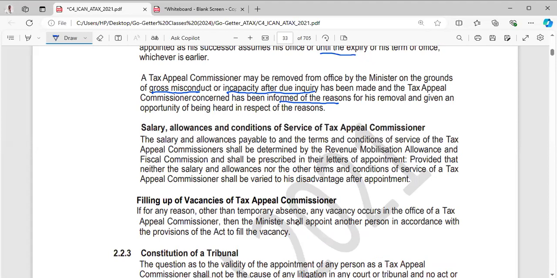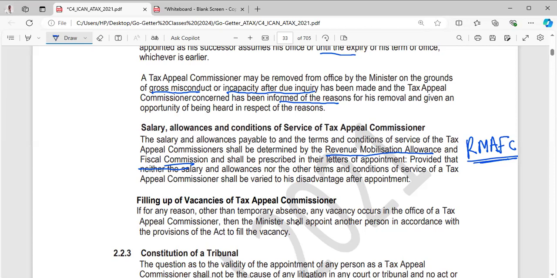Just remember this name, Revenue Mobilization Allocation and Fiscal Commission. How you try to remember this name, I don't know. They shall prescribe in their letters of appointment what their salaries should be, what their allowances should be, and their terms of condition.